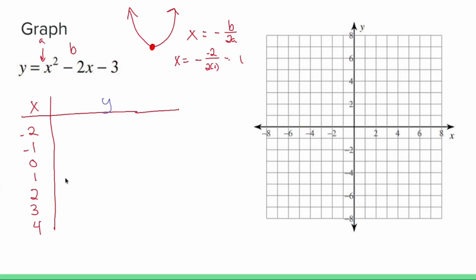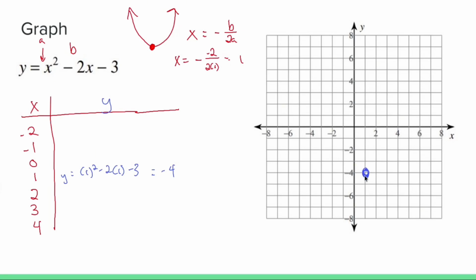So, just quick math, y will equal 1 squared minus 2 times 1 minus 3. So that'll be 1 minus 2 minus 3. And 1 minus 2 is negative 1, minus 3 is negative 4. Okay, so I have the point 1, negative 4.